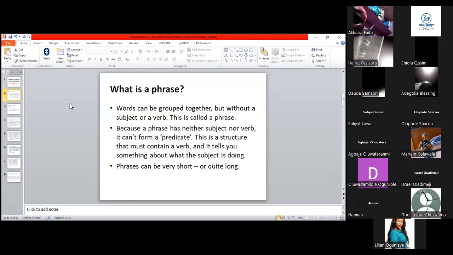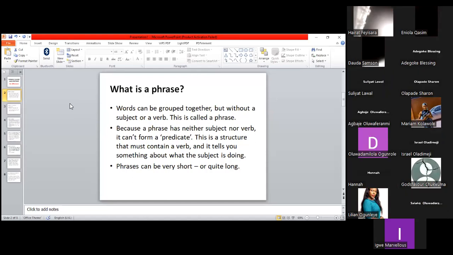For that message to be passed across or for that action to be done, we need an actor. So the actor in a sentence is what we refer to as the subject. However, anything outside the subject is what we call a predicate.